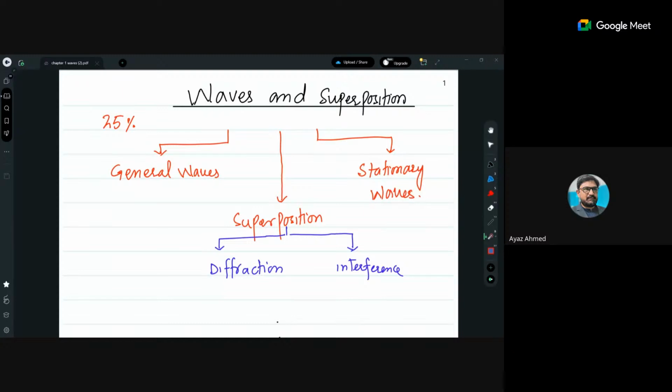In that, almost 7 to 8 MCQs are there. How many? 7 to 8 MCQs. And the question asked from theory is worth 8 to 12 marks. So with this whole profile, you have to tackle waves and superposition.